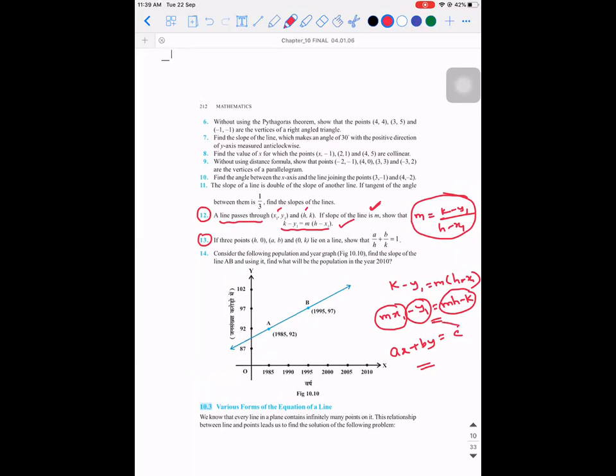It represents a linear equation in two variables, which is nothing but a straight line. So this is the general equation of a straight line.